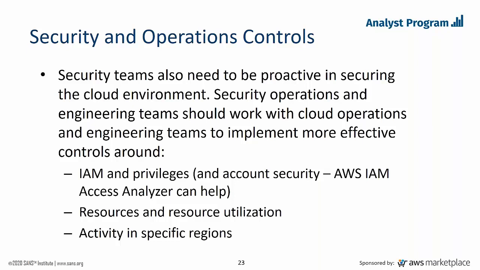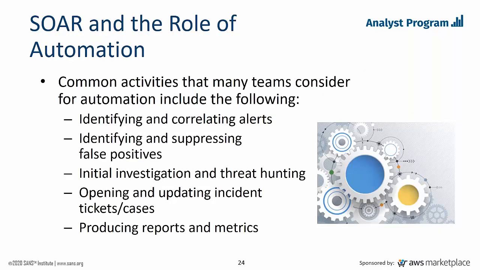I mean, the new AWS IAM Access Analyzer is, again, sort of a godsend because it really does give you reporting on what privilege assignments you've got. We need to be focused on different resources that are running and resource utilization. So if we see memory spikes or CPU utilization spikes that are unusual, again, that could indicate compromise within the environment. And then, as I said earlier, different regions and what's going on in those regions we should really be focused on.